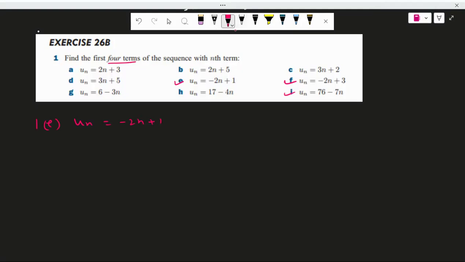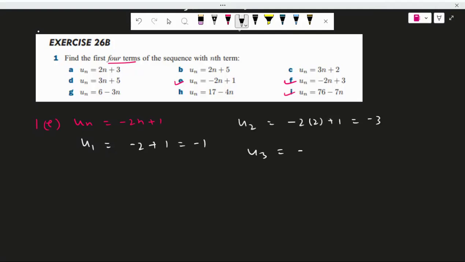Rajveer, tell me the first term. First term can be written as u1. What will be the first term? We will just put n equals 1, and then we will get negative 2 plus 1, that is negative 1. What is u2? U2 will be negative 2 times 2 plus 1, that is negative 3.